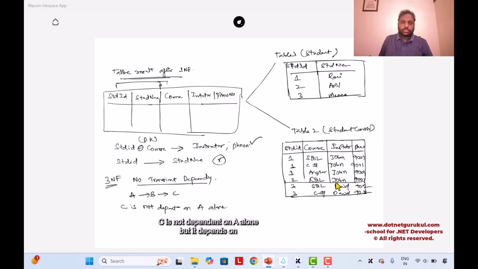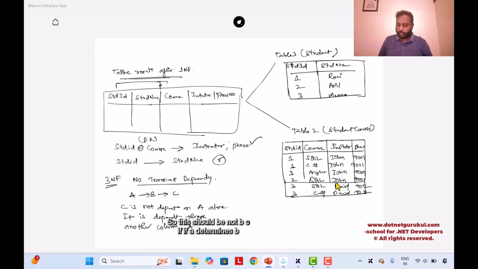C is not dependent on A alone, but it is dependent through another column. Okay, so this should not be the case.